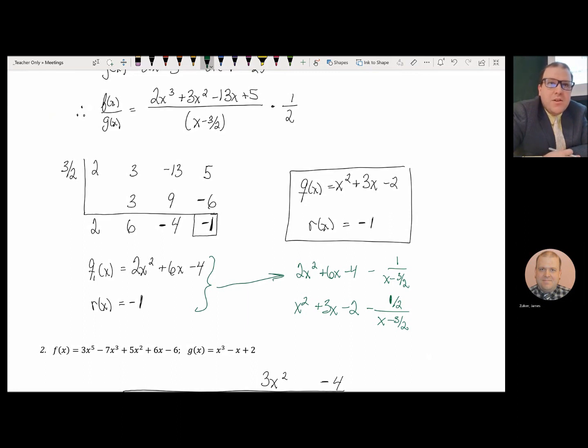That's why it stayed -1, because then that 2 drops down. It stayed -1 because this already had a common factor of 2.